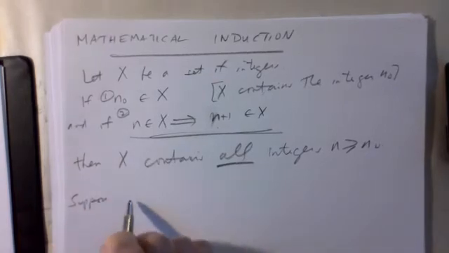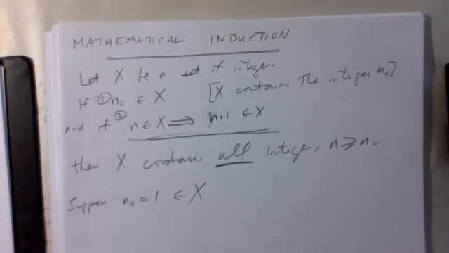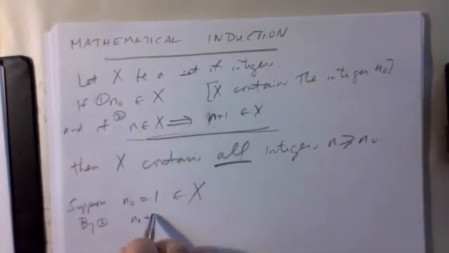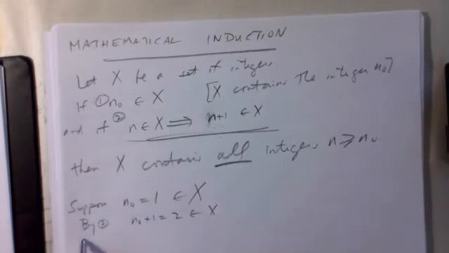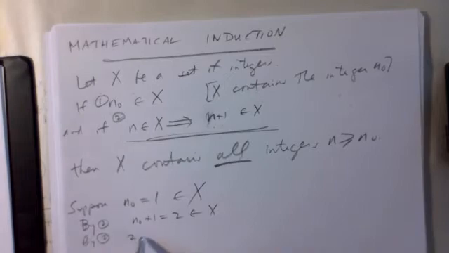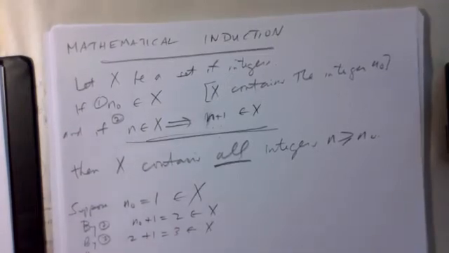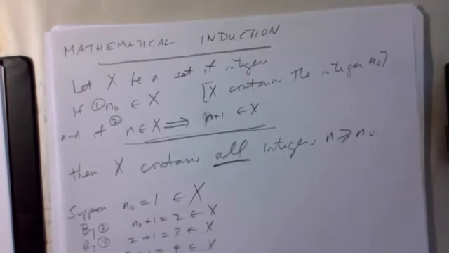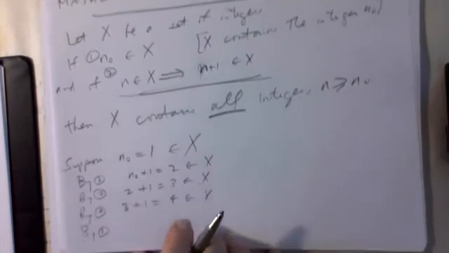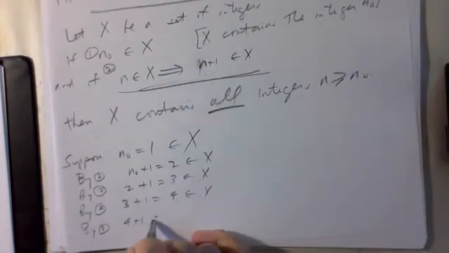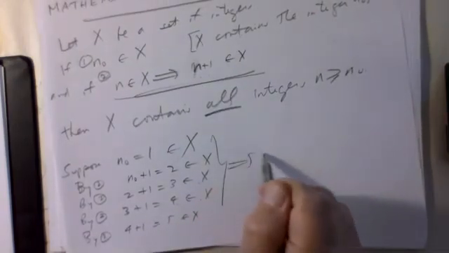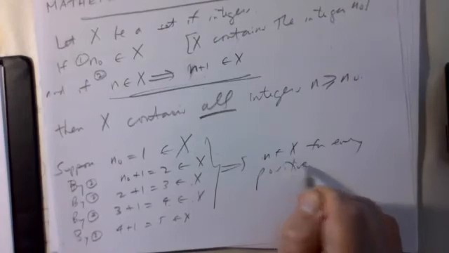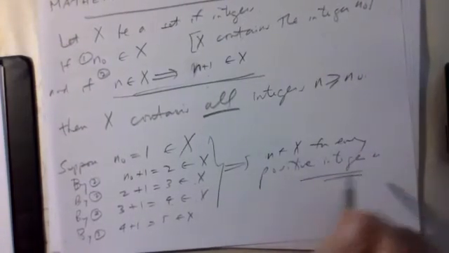So suppose n naught equals, say, the number 1 is in X. By property 2, n naught plus 1, which is 2, is in X. By property 2 again, if 2 is in X, 2 plus 1 equals 3 is in X. By property 2 again, if 3 is in X, 3 plus 1, which is 4, is in X. By property 2, one more time, 4 in X means 4 plus 1 equals 5 is in X. And if we keep doing this, you see n is in X for every positive integer n, right, in this example.